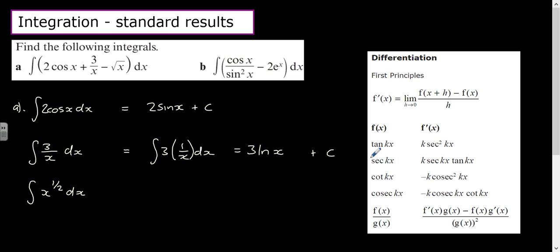Now there's something special about natural log that we have to be mindful of when we integrate. If we ever get natural log as a result when we integrate, we need to use modulus around the x, or around the function of x, whatever is there. The reason is that we cannot take the natural log of a negative number. So if we were to substitute a value of x in here, we'd have to make sure it was positive.